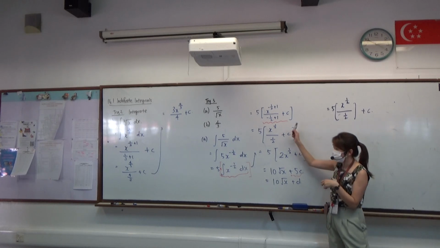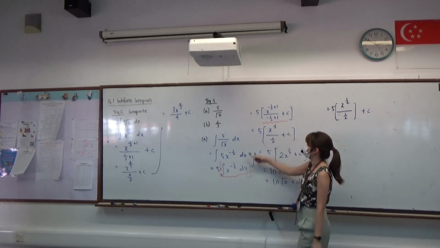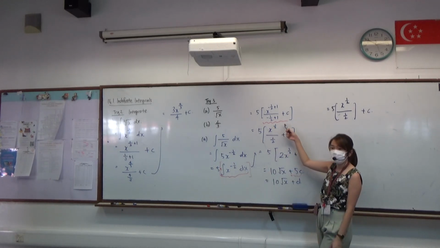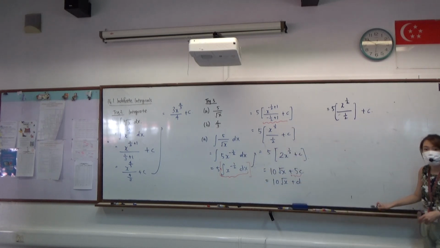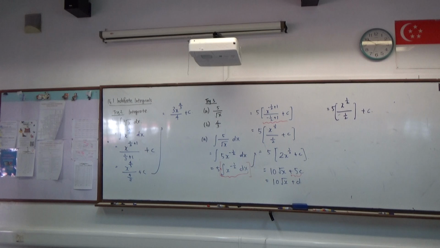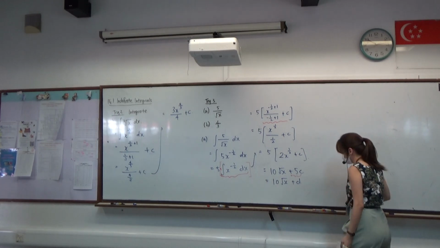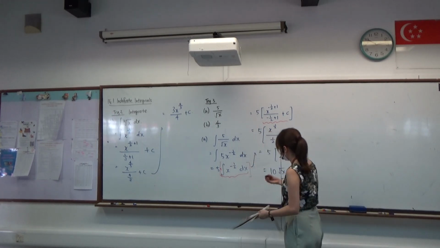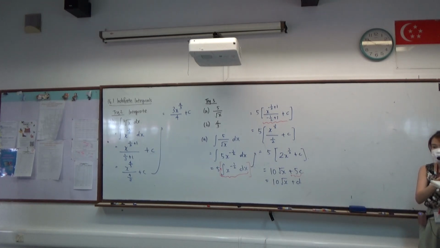Why am I choosing to write it this way now? Because we're just starting out. The integration here technically gives us this. So that's why I'm trying to keep to the algebraic rules here. Alright. Any questions? Okay. Let's look at part B.